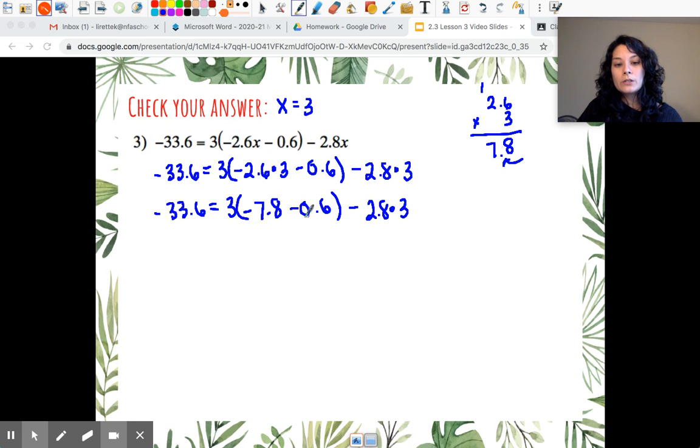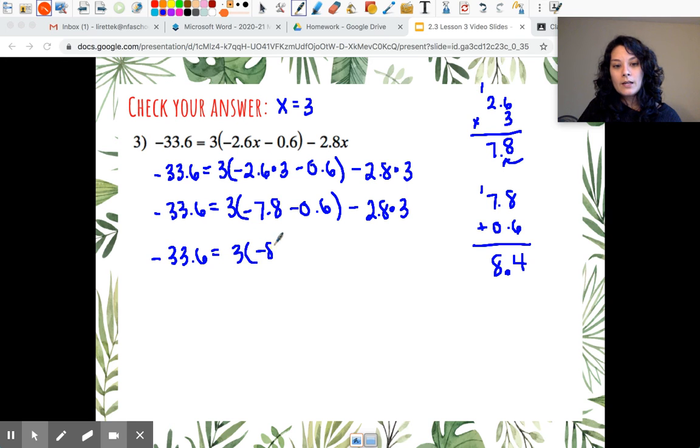I still got something to do inside this parentheses, so I'm going to add these two numbers. So 7.8 plus 0.6 is going to give me 14. Carry the 1, that's going to give me 8. Decimal comes straight down, and it's a negative because I matched the sign of the things I added together.